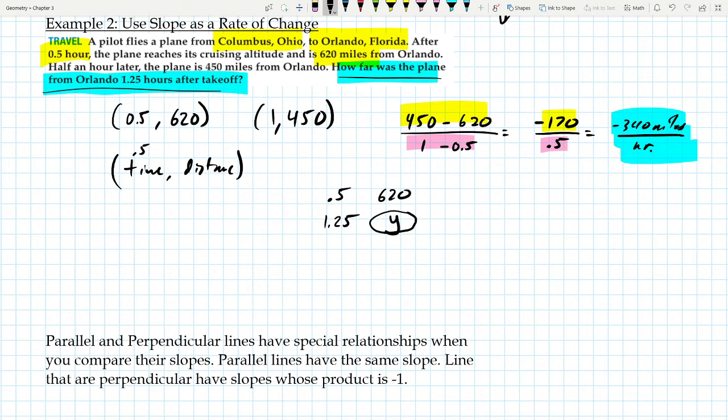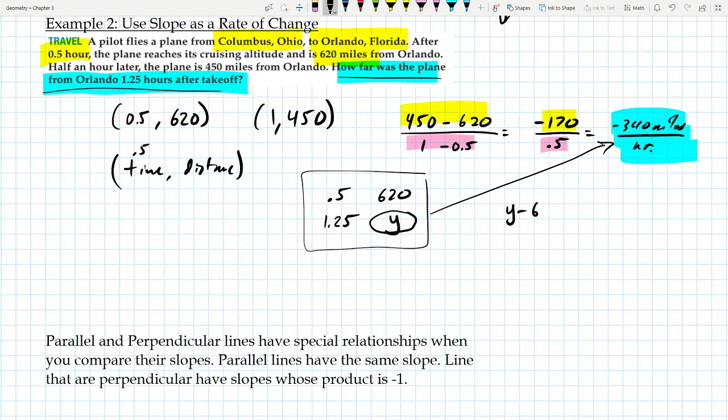We're going to be looking for that missing coordinate. And the thing is we might not know what it is right now, but we know when we plug all of these values in together, it should come out to be the same rate. So, y minus 620 over 1.25 minus 0.5 equals negative 340 over 1.